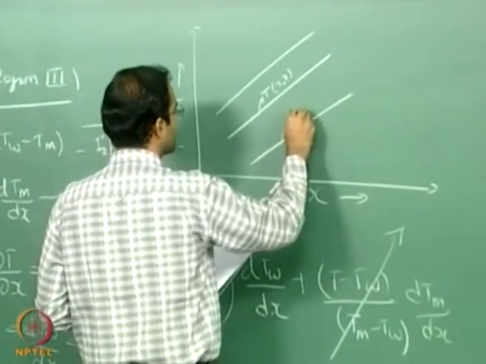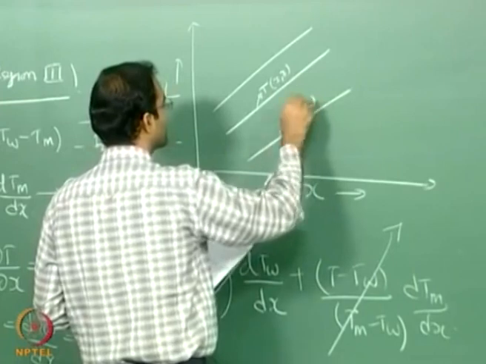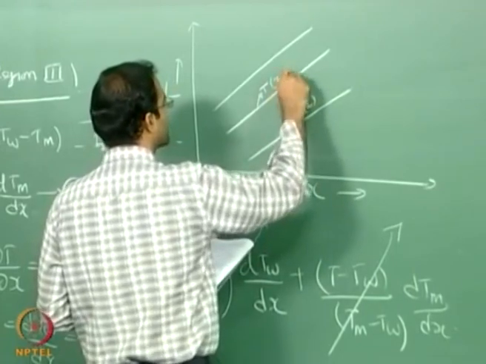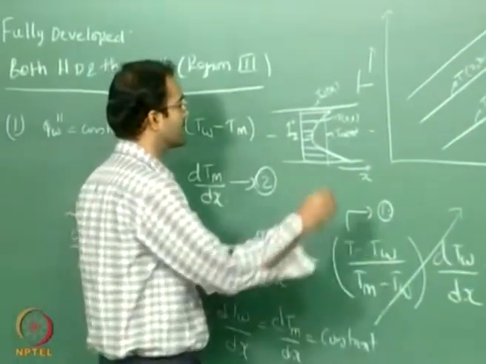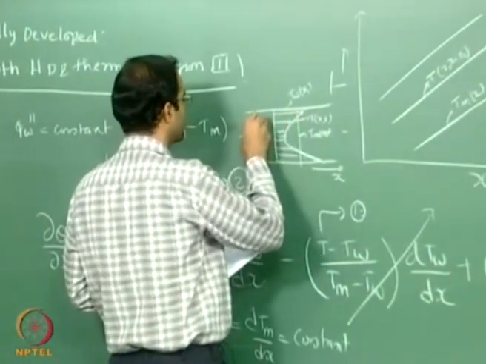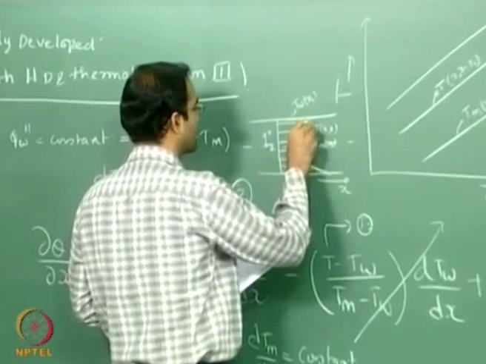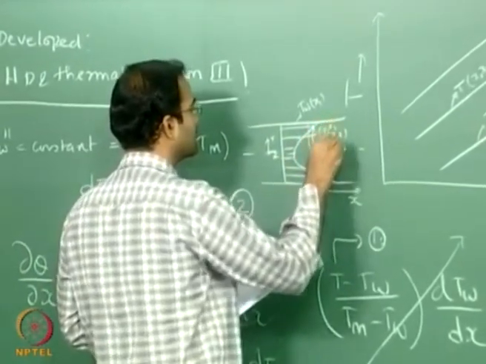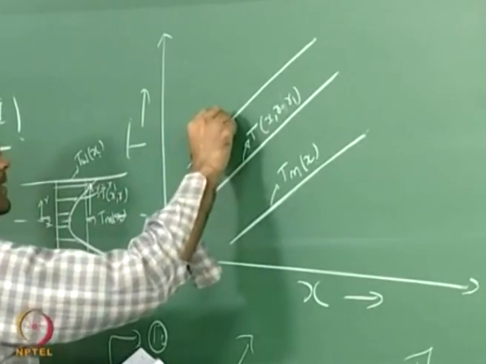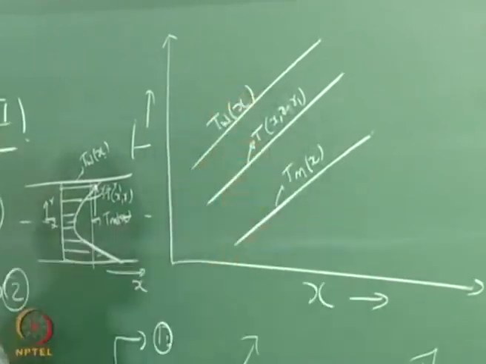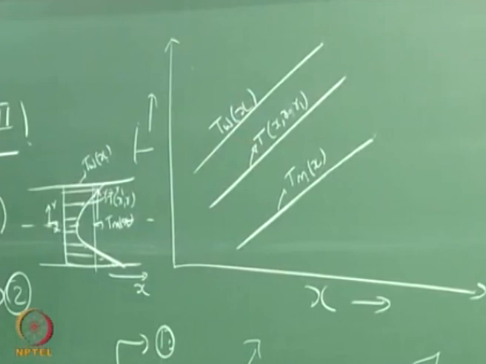So this is at some particular radial location, we can say r equal to r1 for example, that is this particular location where I am plotting. At the wall, of course, that will be the highest temperature amongst all the three, and that will also vary linearly like this.